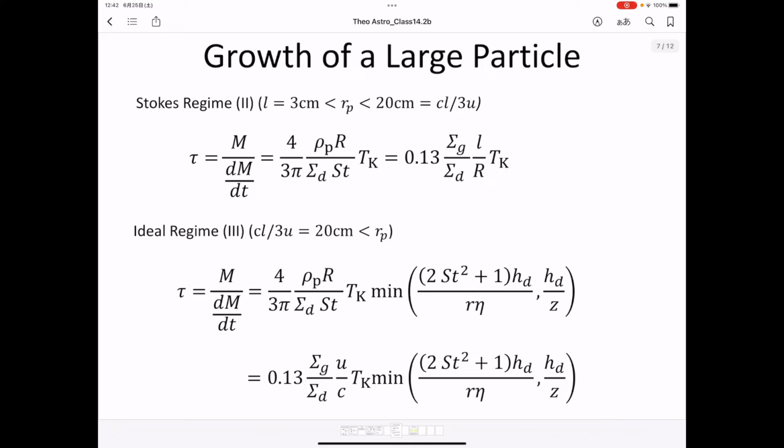Then we consider the growth of the large particle. We are going to consider the growth process of the large particle and the intermediate particles. Stokes number is given by mu omega sub k over f sub d. For the intermediate size, f sub d is given by pi rho nu u times the radius of the solid particles. So you can substitute nu is equal to C_l.